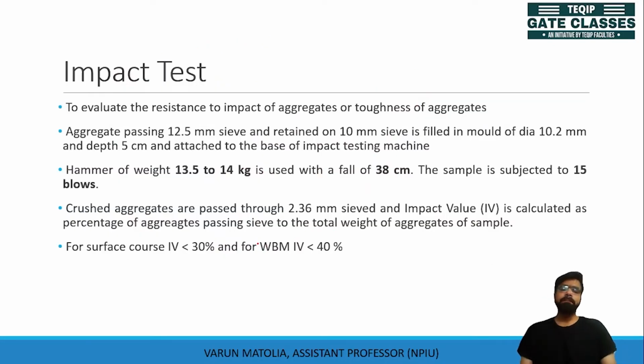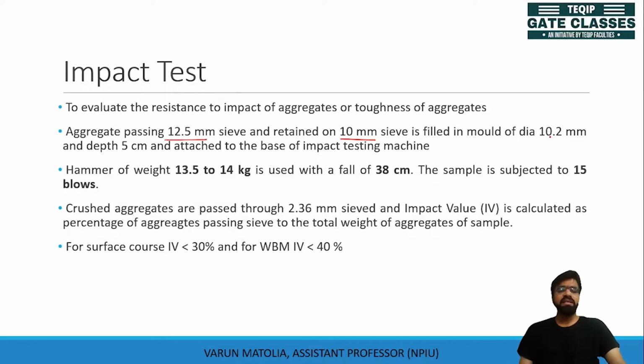Then we have the impact test, the test which evaluates the resistance to sudden loading of the aggregate, or the toughness of the aggregate. The aggregates tested are those retained on a 10 mm sieve and passed through a 12.5 mm sieve.